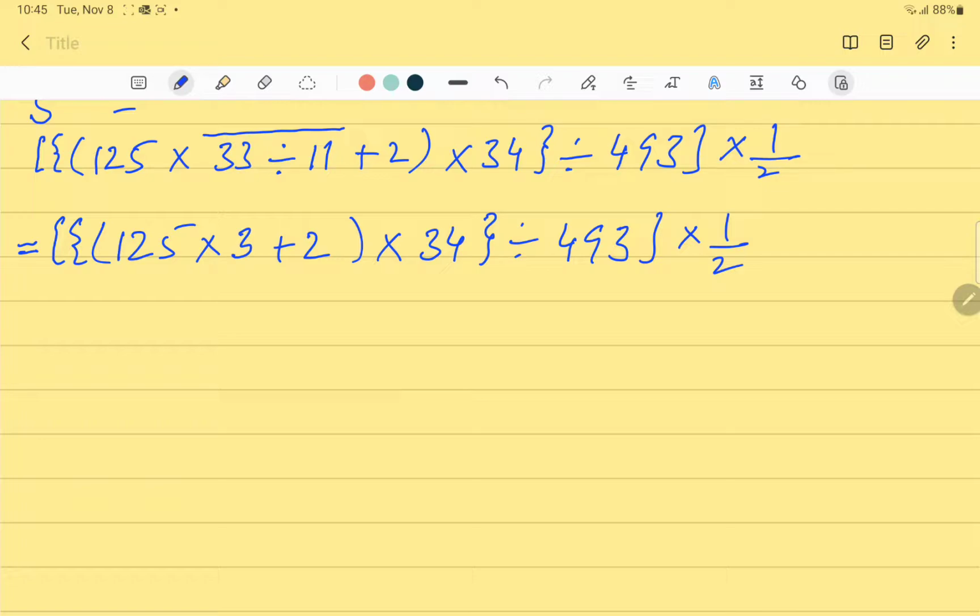Now within the small bracket we have to apply signs in the same order like division, multiplication, addition, and subtraction. First of all, there are 2 signs there, multiplication and plus. So we will be applying multiplication first. 125 into 3 is 375 plus 2.